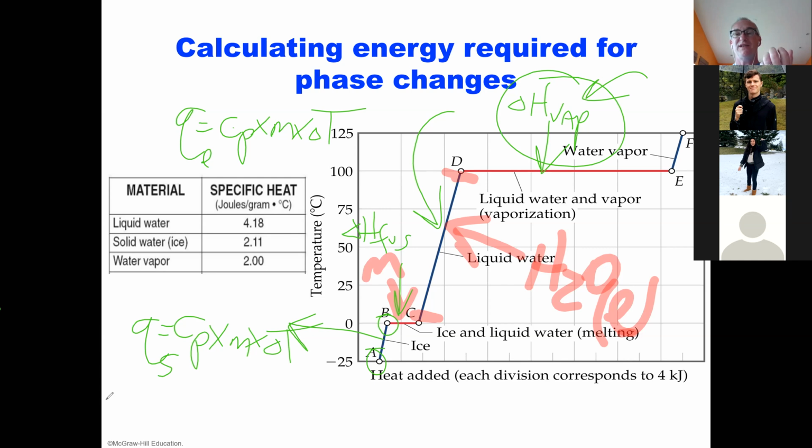And so what we're dealing with is breaking the interactions between water molecules in a solid and converting them to water molecules in a liquid. That's different. It takes half as much energy, basically, to break these interactions in a solid and replace them with interactions in the liquid. Why?